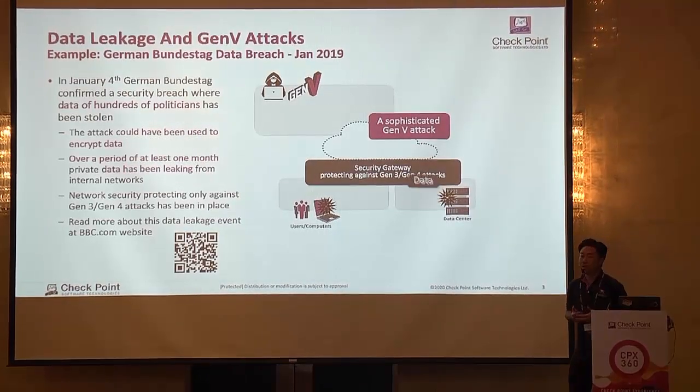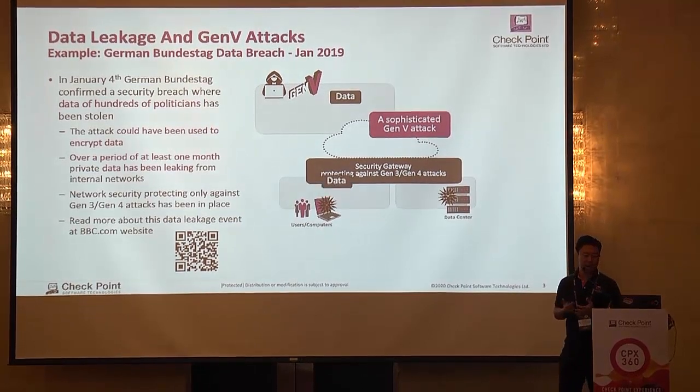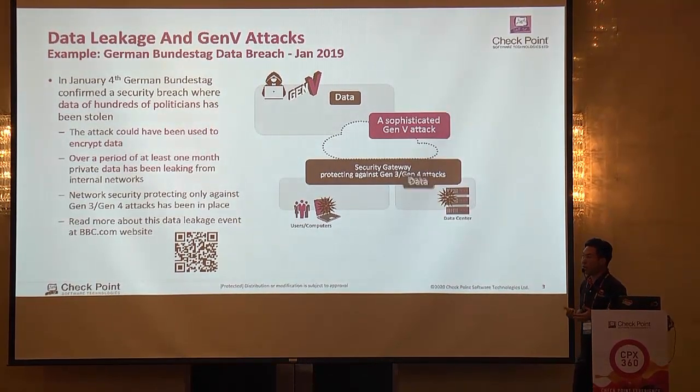First, this happened just a year ago, in January. In Germany, in a parliament, more than 100 politicians had a data leakage. This data leakage lasted for a month, and then the IT security team spent a few weeks of time to identify the issue.